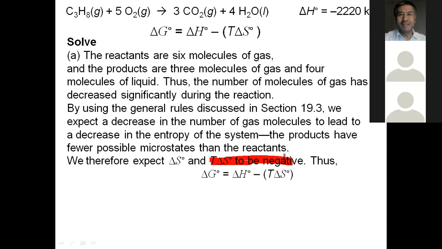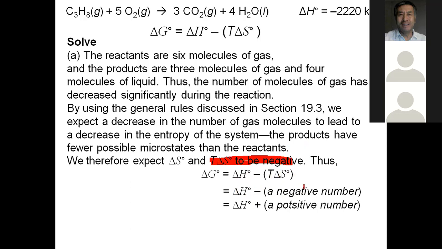Okay, so delta G equals delta H minus T times delta S. Therefore, delta G equals delta H minus a negative number. As you know, subtracting a negative number means plus a positive number.